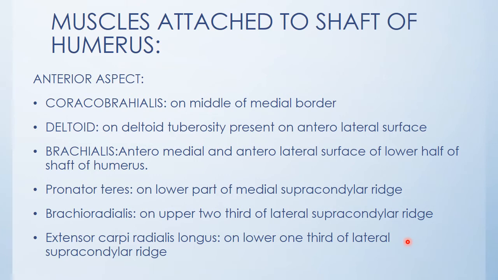From above downward, in upper 2/3 of the lateral supracondylar ridge there is attachment of brachioradialis. On the other side, the lower 1/3 of the lateral supracondylar ridge gives attachment to extensor carpi radialis longus.